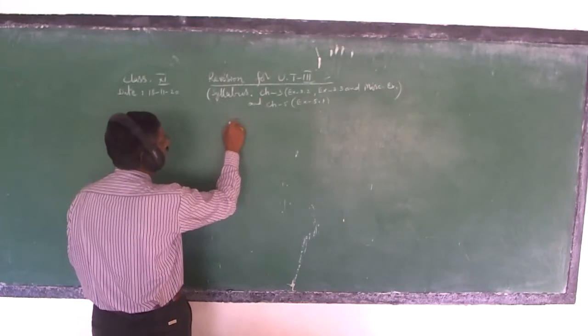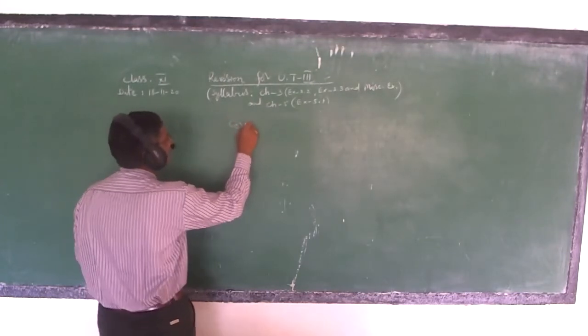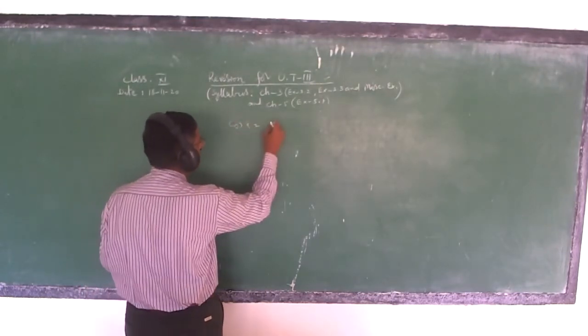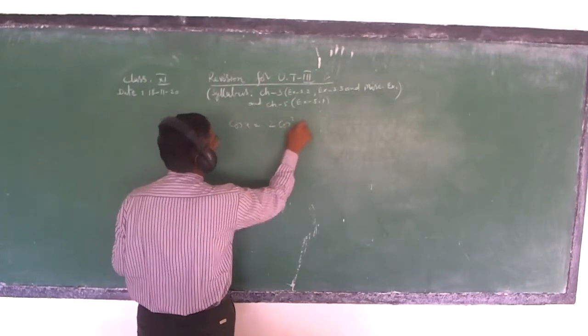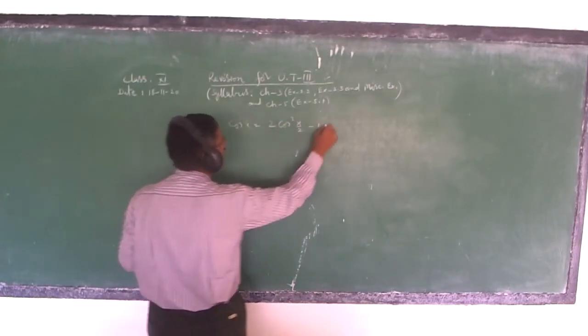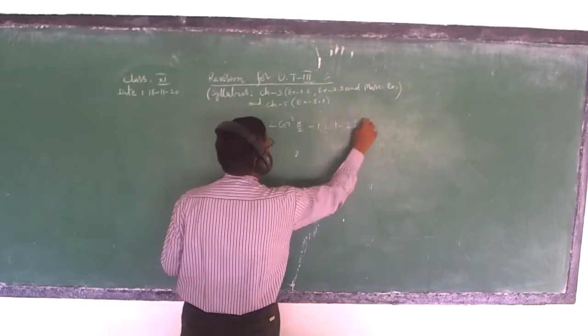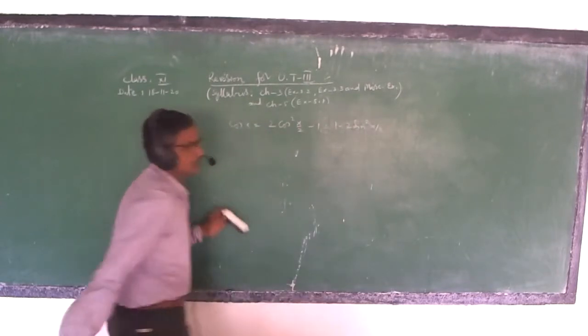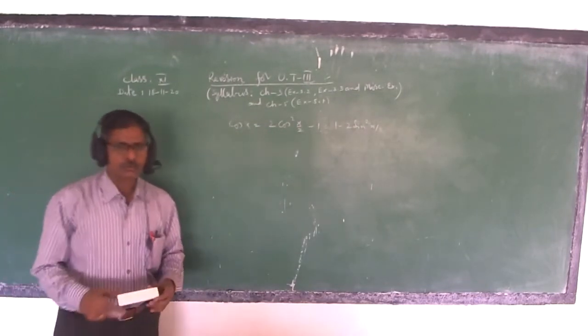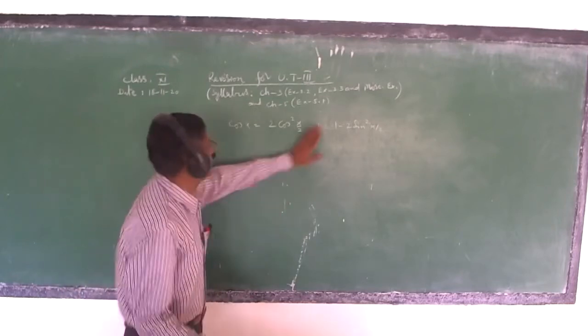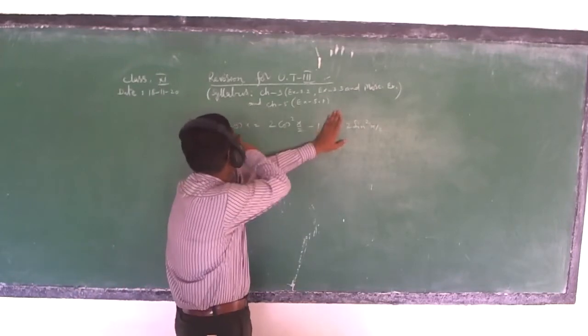Suppose the cos x formula: 2 cos square x by 2 minus 1, or 1 minus 2 sin square x by 2. From this we get two different formulae. Suppose if we consider this, then write this one this side.